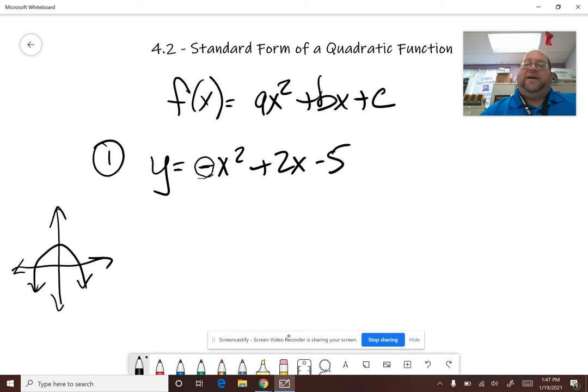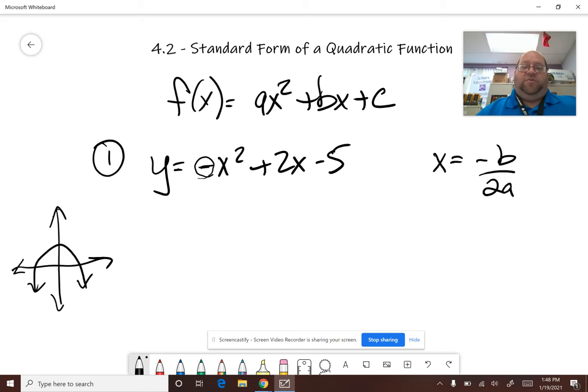So remember that our formula to find the vertex when we're given standard form is x equals negative b over 2a. This is going to become more and more familiar to you as we get into later subjects, and you're going to be able to do this pretty quickly. So let's look at what is in our b position. Notice this is written out exactly like my form, right?